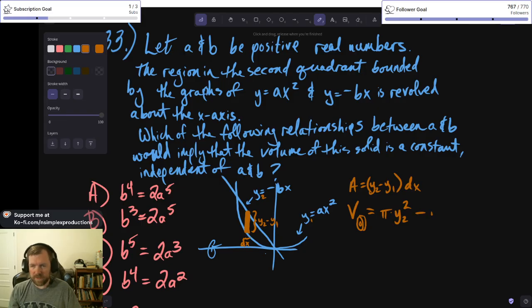Then we're going to subtract pi times the smaller interior cylinder, or pi times y1 squared.